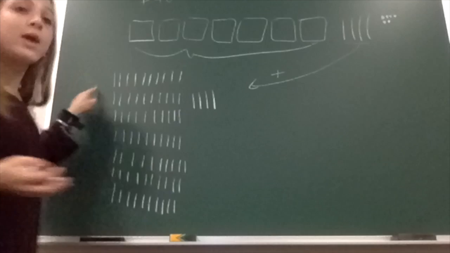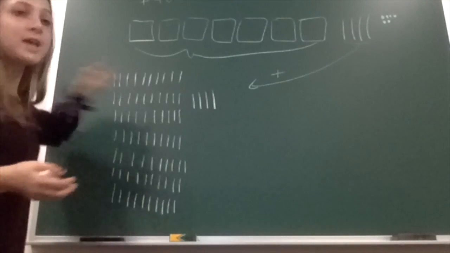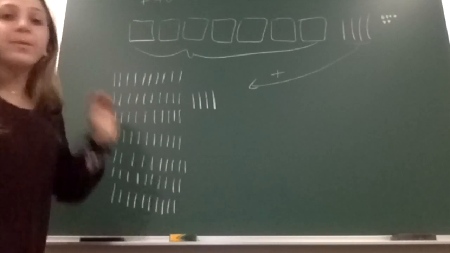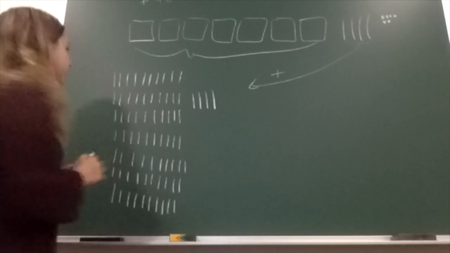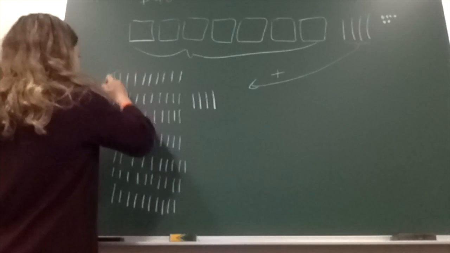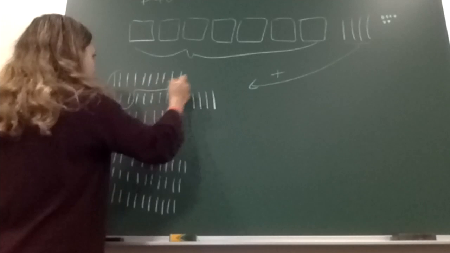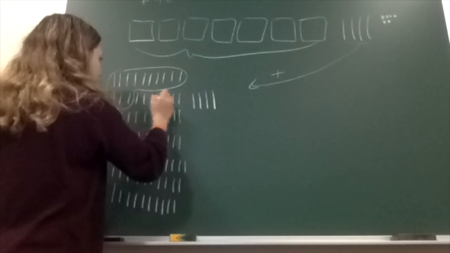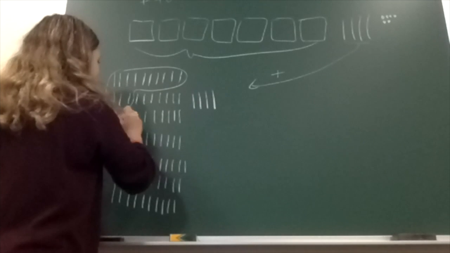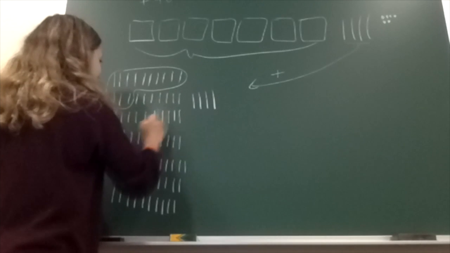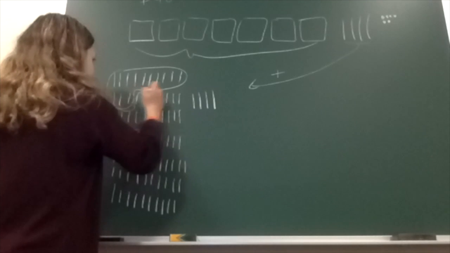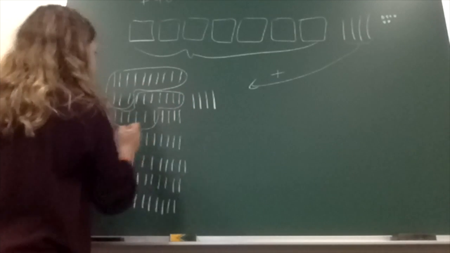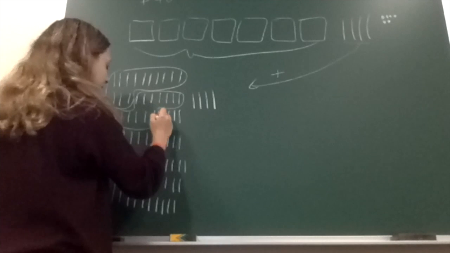So I'm going to count out 13 tens and then make a group, and then I'm going to keep on going. So I have 2 groups of 13 now.